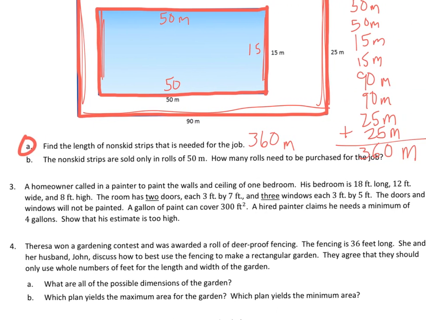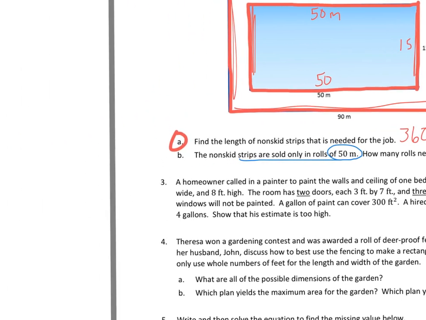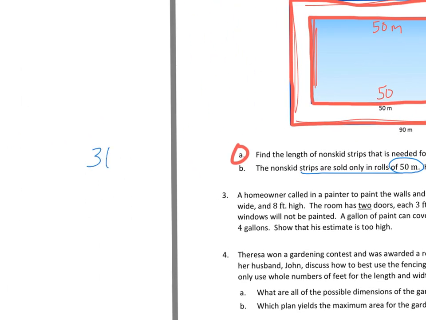Now B says the non-skid strips are sold in rolls of 50. How many rolls are needed? So if I have 360 meters I need, and I know that I have to buy them in 50 meter rolls, I have to see how many 50 meter rolls I can pull out of this. So I know that 7 times 50 is 350 because this is 50 or 5 tens, and 5 times 7 is 35.